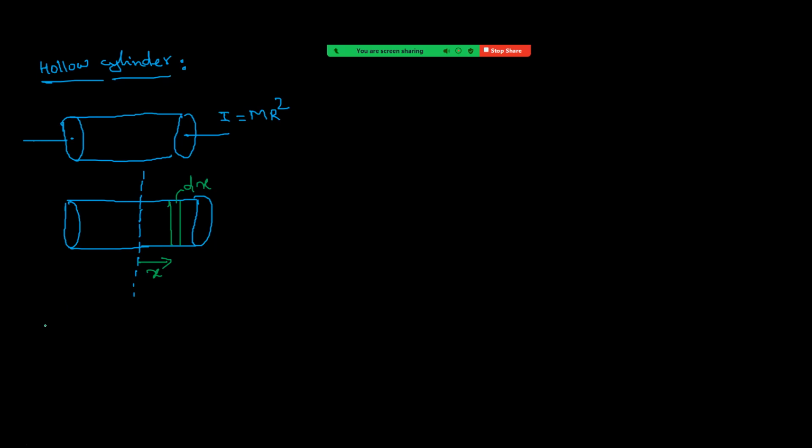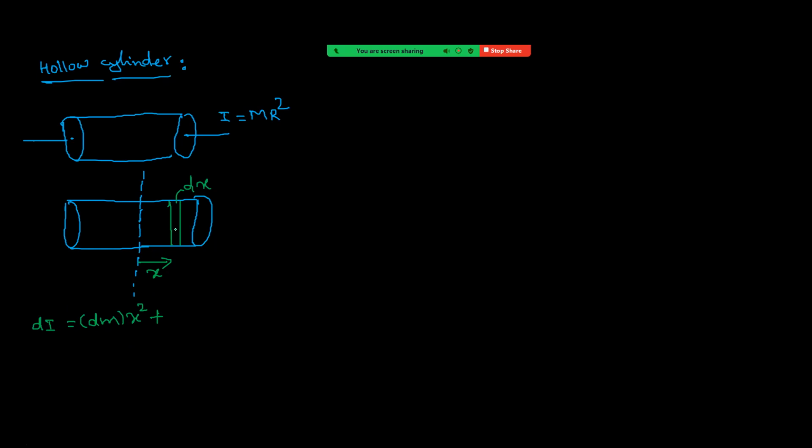So we can use now the parallel axis theorem. I am writing dI equal to, by using the parallel axis theorem, distance equal to x, so dm into x square, plus, about its own axis. This is parallel to a diameter.